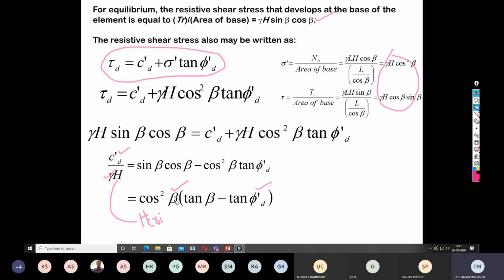If I know the beta angle and if I know the C dash and phi dash angle, I can determine the critical height, beyond which there is a slope failure of an infinite slope. But this is already under drained condition or effective stress condition where there was no water at all.